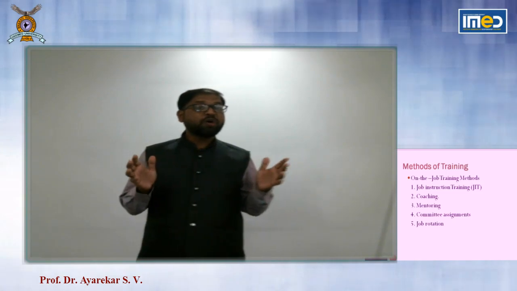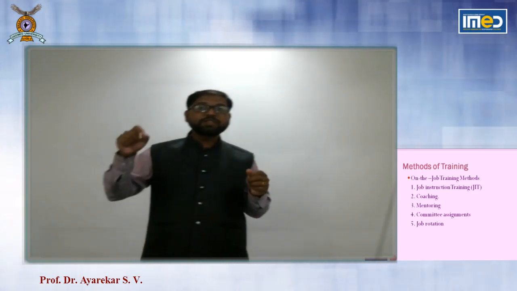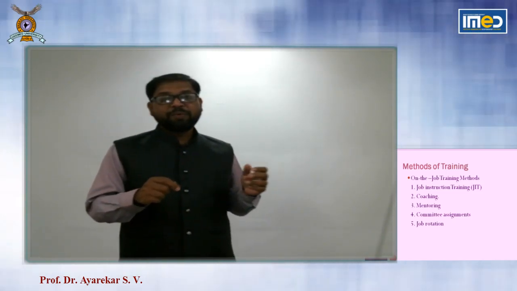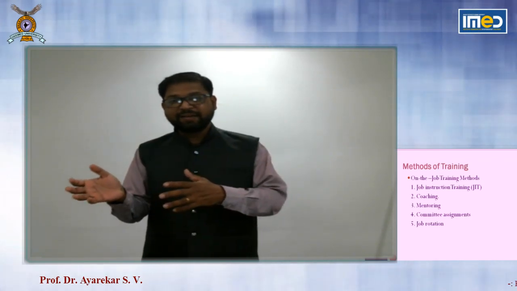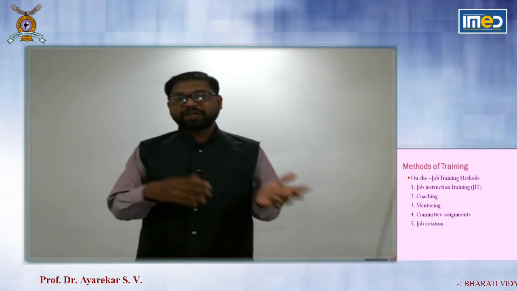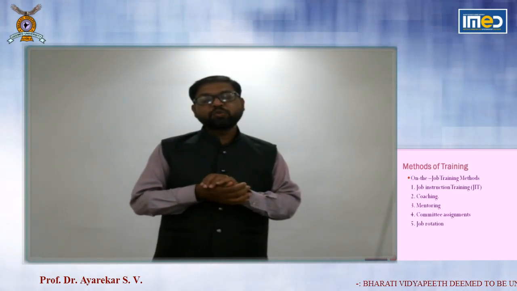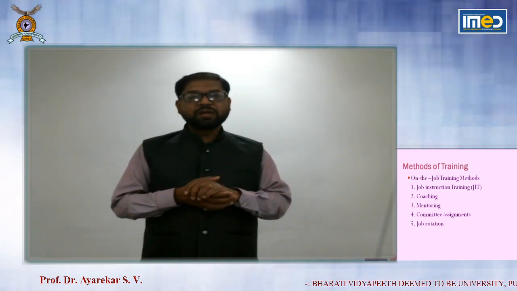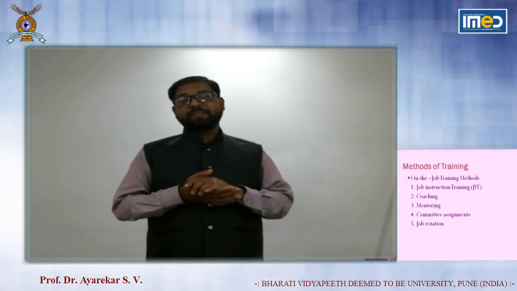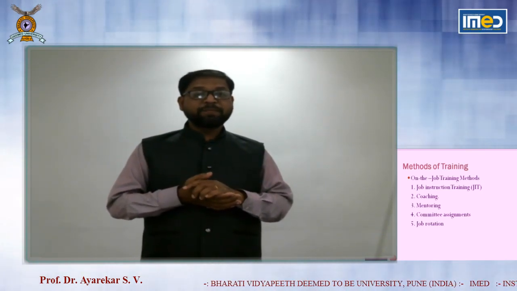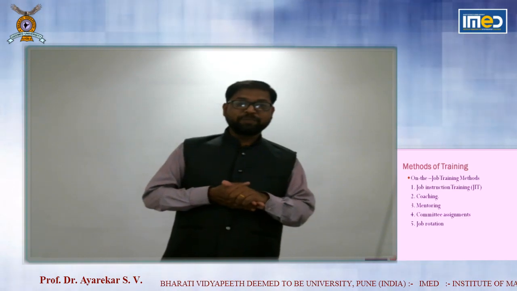This is called the job instruction method, which gives us assurance that proper transfer of training, knowledge, and skills will be done. So it will help trainees to learn quickly, and that's why the job instruction method is an important method.